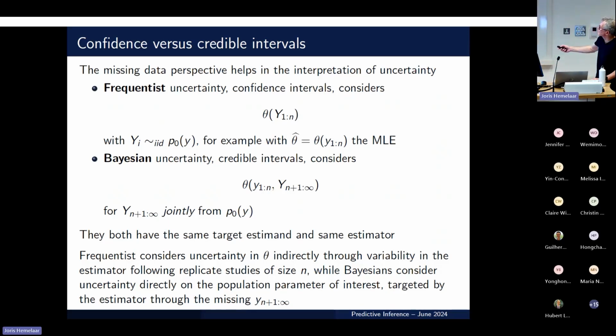They both have the same estimand. They both have the same target. They both use the same estimator. It's just that the uncertainty for Bayes flows from the missing data. Frequentist uncertainty is indirect. This is talking about the finite sample variability of the estimator, whereas Bayesian uncertainty is on the prediction for the missing data. Both are interesting in their own right. I'm not saying one is better than another; they're answering different questions.